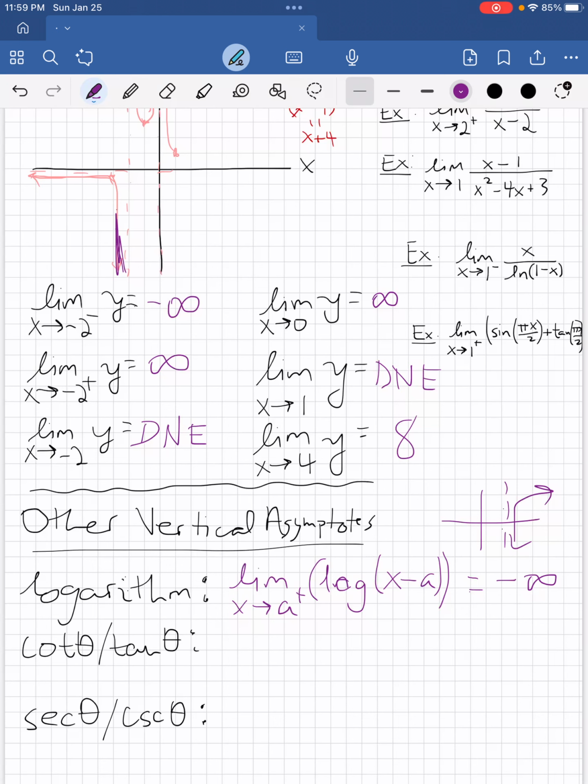With tangents and cotangents, remember from your unit circle, tangent of theta is undefined when theta is pi over 2. So for tangent, you have to remember what the graph looks like. Basically odd multiples of pi over 2, they're vertical asymptotes.